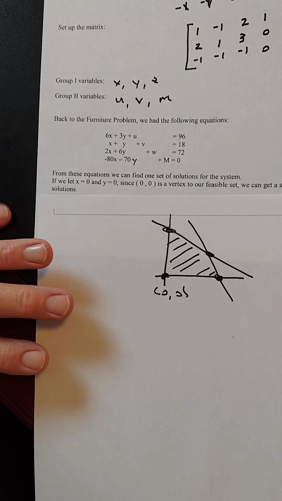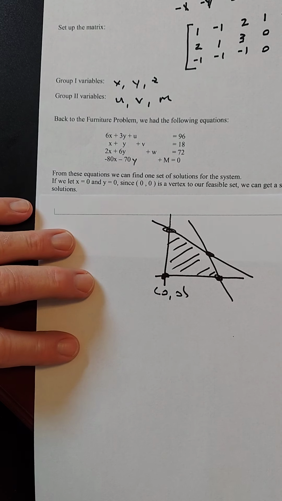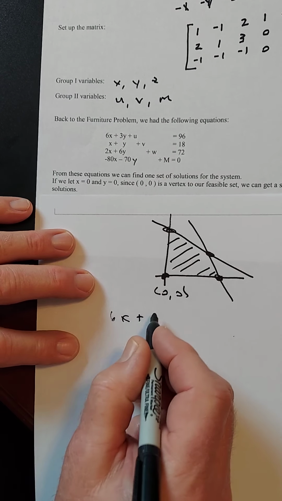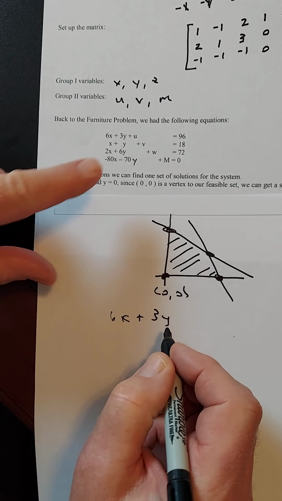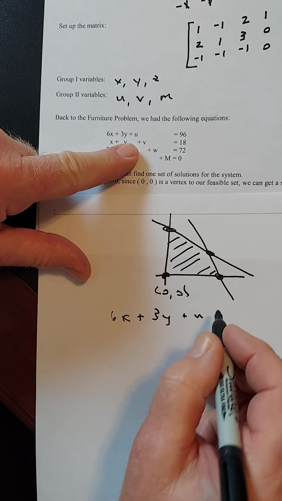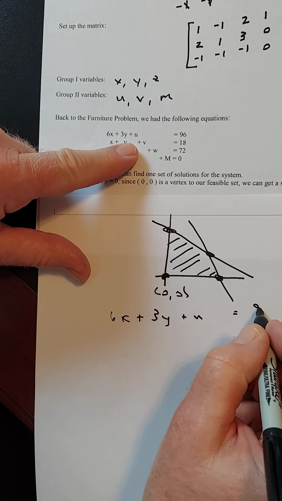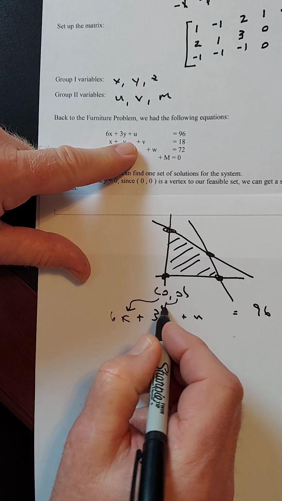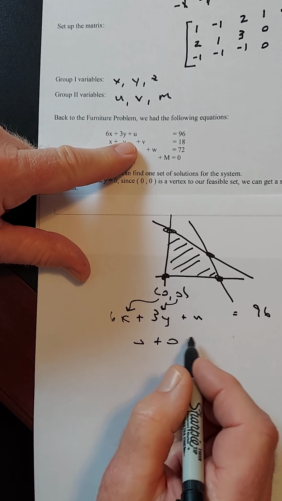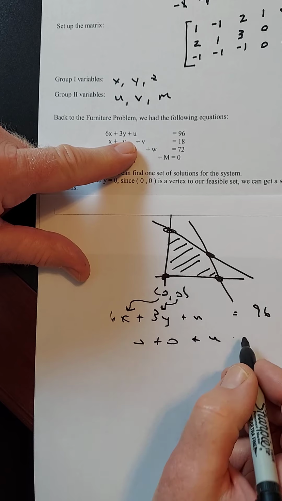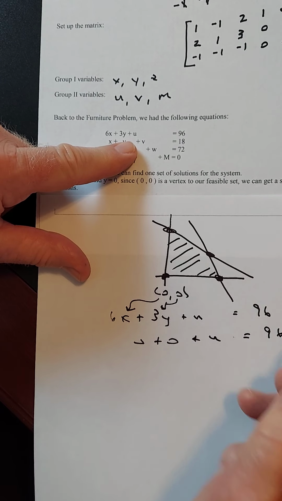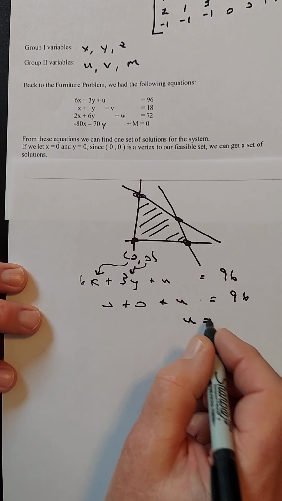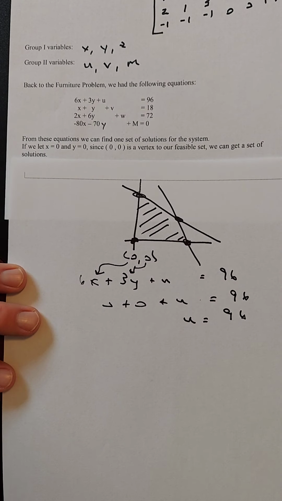Okay, so now, if you go back and plug those in, so I had 6x plus 3y, I'm looking right up here, plus u equals 96. So if I put 0 in here and 0 in here, you're going to have 0 plus u equals 96. u is equal to 96.